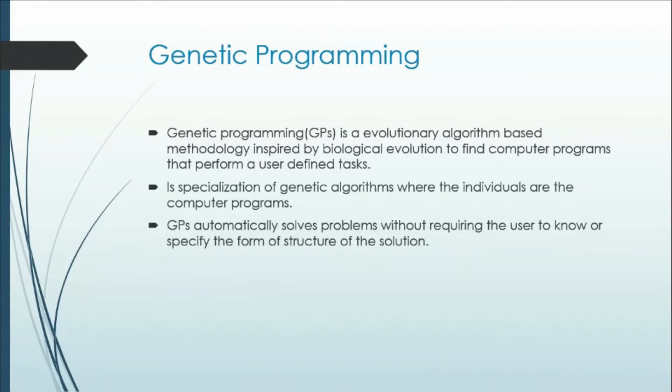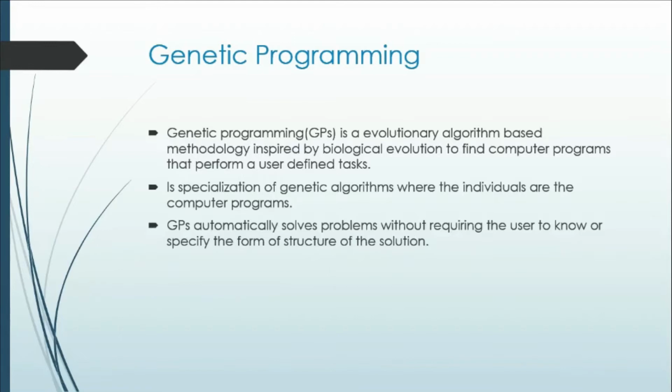Actually, this is a specialization of genetic algorithms, a special variant where the individuals are the computer programs. Unlike in our normal genetic algorithm, where the individuals are possible solutions of the given problem, in genetic programming the individuals or chromosomes being considered are possible computer programs.